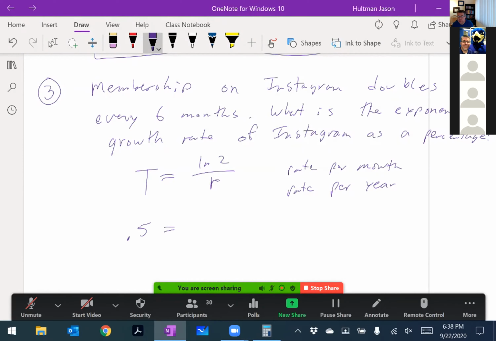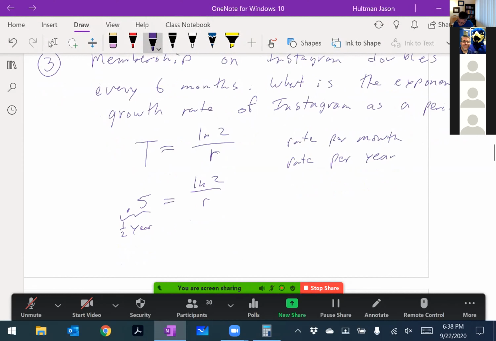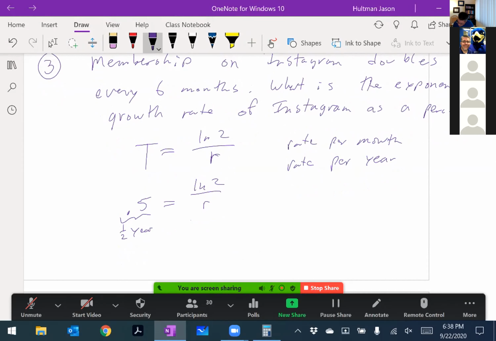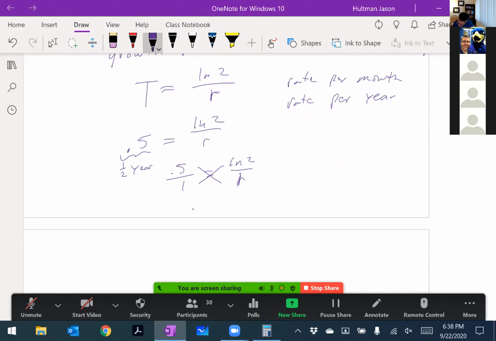6 months is half a year. So half a year is equal to natural log of 2 over r. I could cross multiply this, and I would get 0.5r is equal to the natural log of 2.